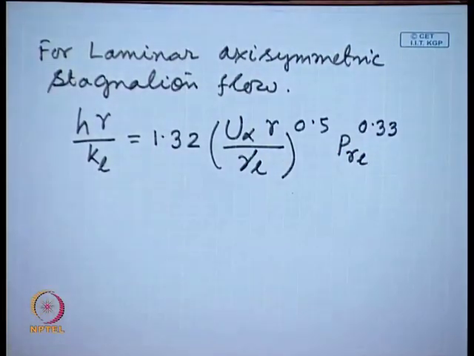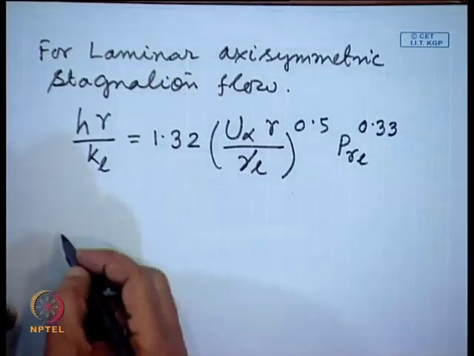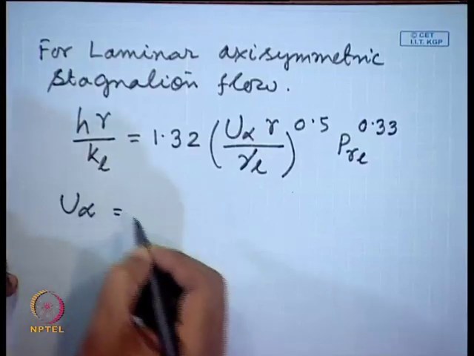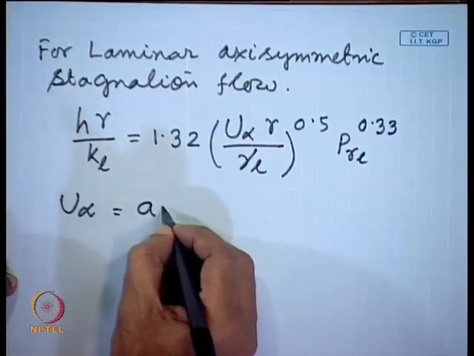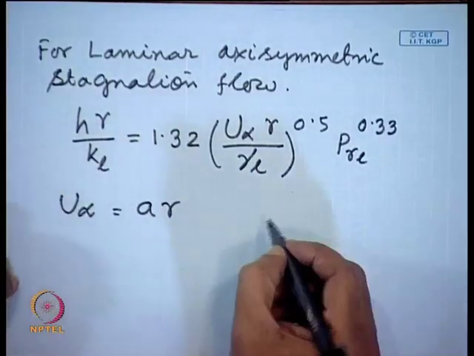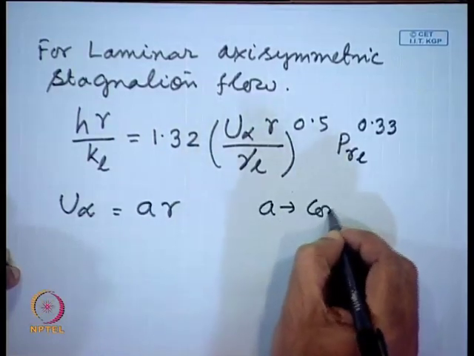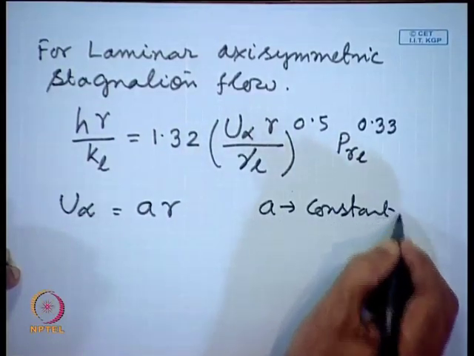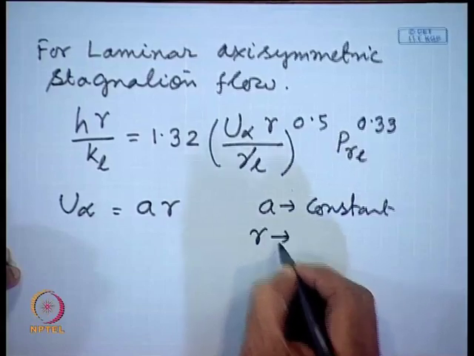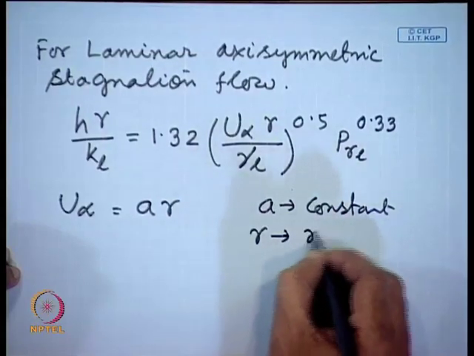So, this is your correlation for laminar axisymmetric stagnation flow, and then U_infinity is equal to A r. A is a constant and r is your radius.